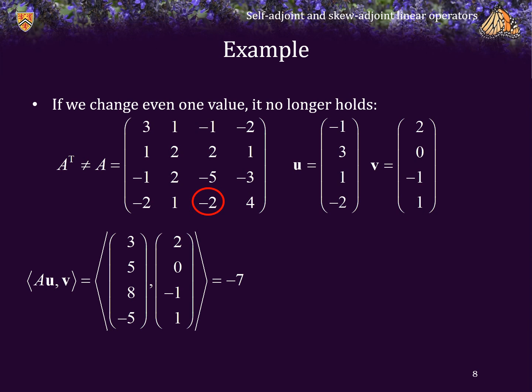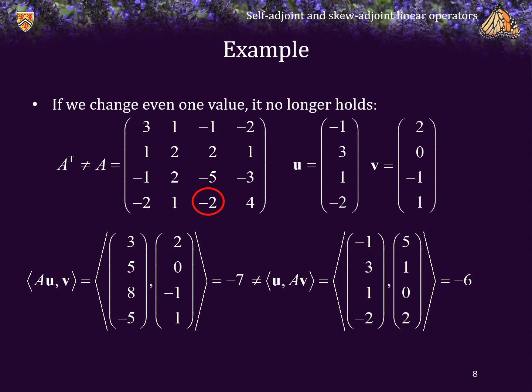If we calculate A times u for this non-symmetric matrix, we get the vector 3, 5, 8, negative 5, and if we take the inner product of that result with the vector v, we get negative 7. However, if we multiply v by this matrix A, we get the vector 5, 1, 0, 2, and if we take the inner product of u and that result, we get a different value, negative 6.